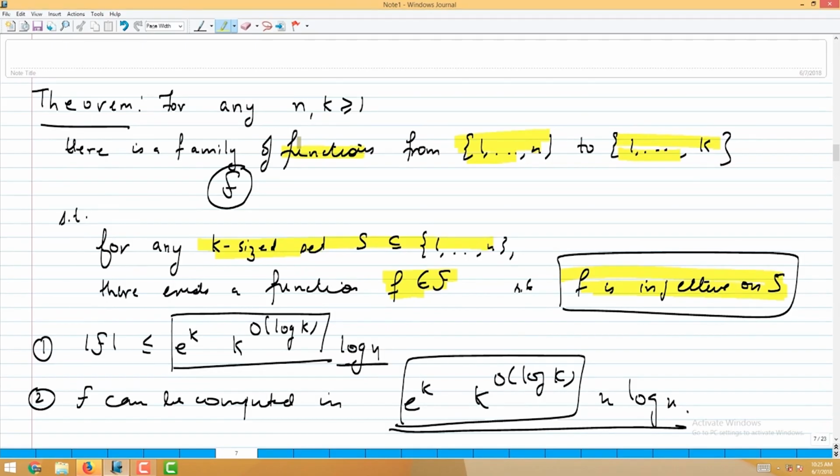So for every function in this family, you run this colorful k path instance. If I do this for every function in this family, I say yes if for any of the instances it says yes. That is true, right? If it finds a colorful path, then there is a colorful path. And I say no if it is no for each such function. So no matter what coloring I give as input to the colorful k path problem, it is saying no. Then can there be a k path in the original graph?